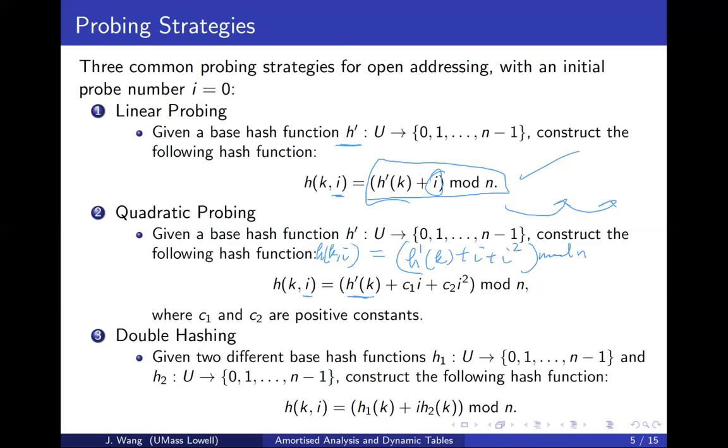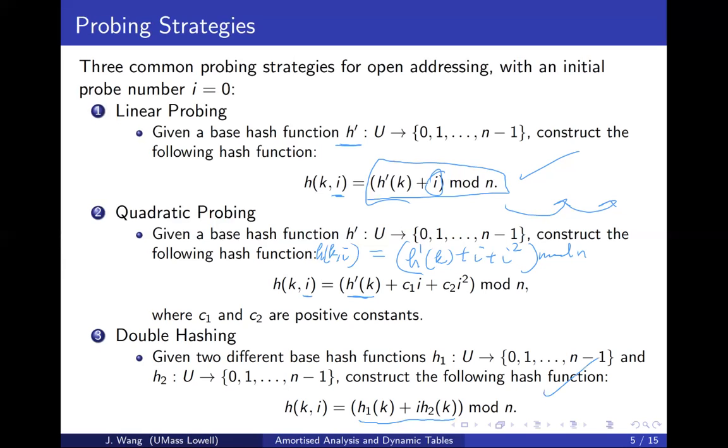All right, and we can also use double hashing. Given two different base hash functions, we call them h1 and h2, we just add them up: h1 of k plus i times h2 of k, and take the modulo n. This is also fairly common to use.